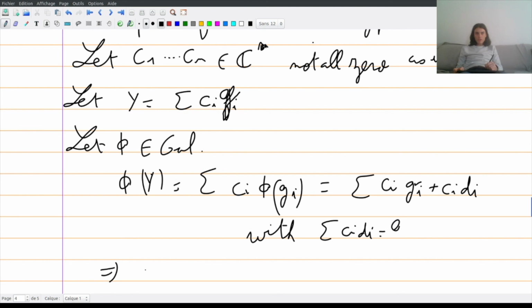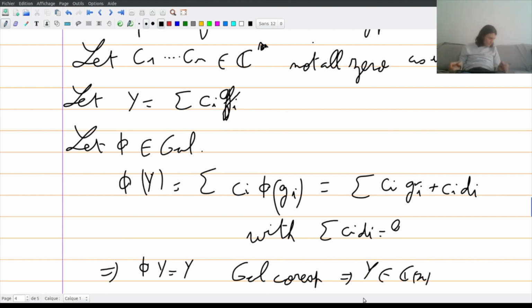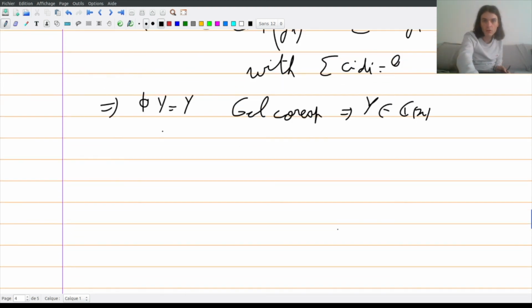So it implies that psi of y equals y. So the Galois correspondence implies that y is a rational function.